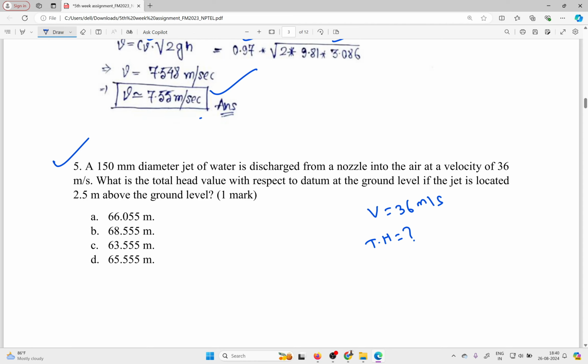Okay, so you please try to calculate, then I will show you the answer how you will calculate. So here you need to calculate in this question the total head. Velocity is given 36 meter per second. Diameter of jet is given 150 mm. And the datum you need to consider the ground level, and your jet is located 2.5 meter above the ground level. So how you will calculate?